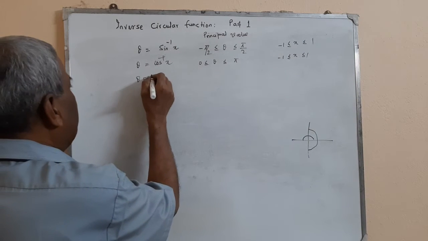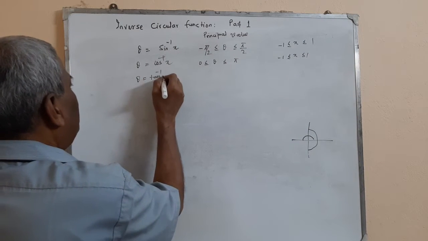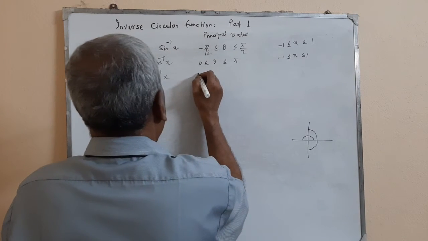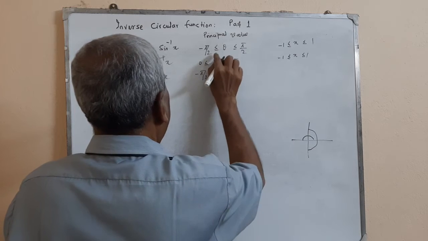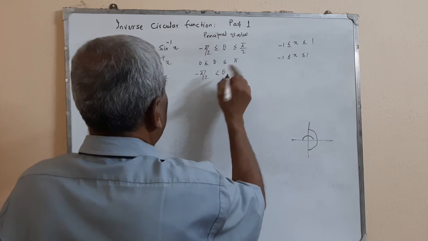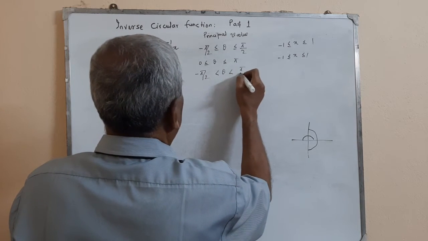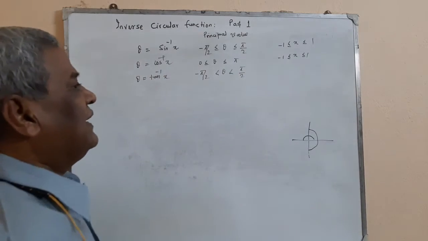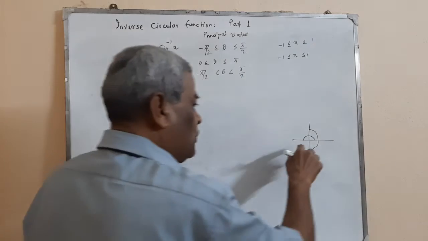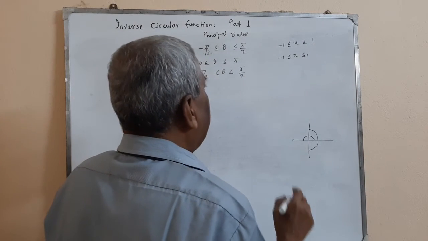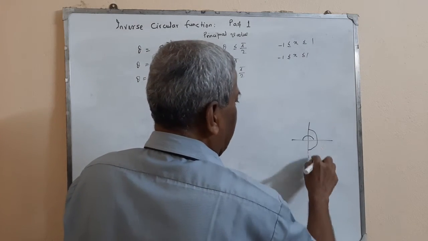Theta is equal to tan inverse x. It is minus pi by 2 less than theta less than pi by 2. That is, it is again between the fourth quadrant and the first quadrant, excepting the endpoints.